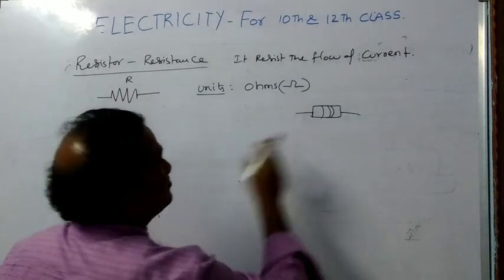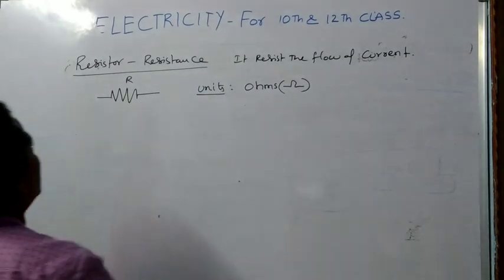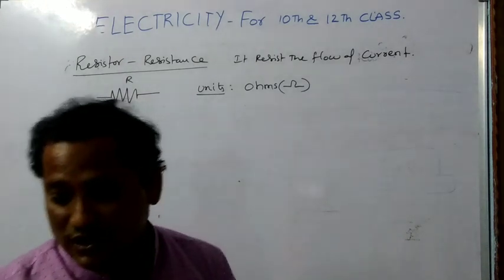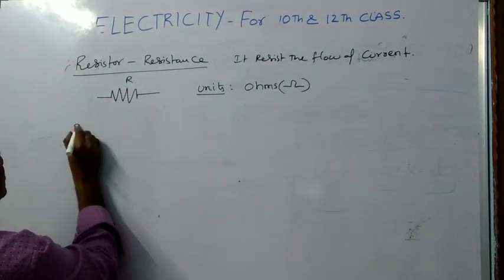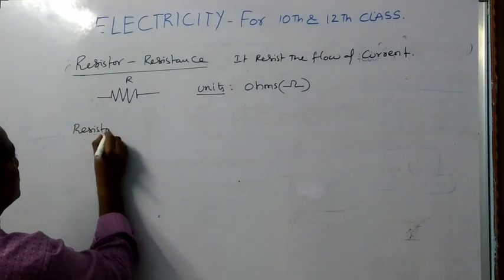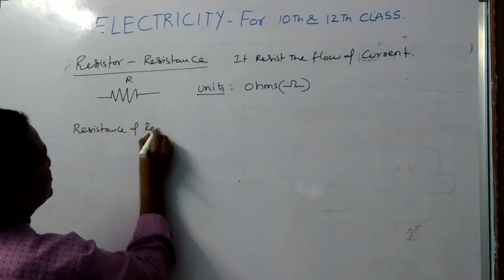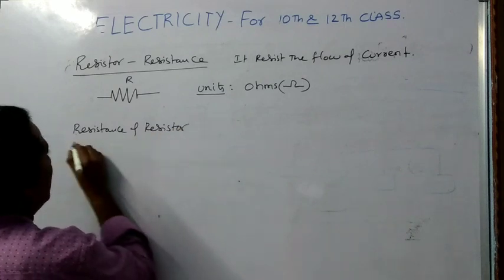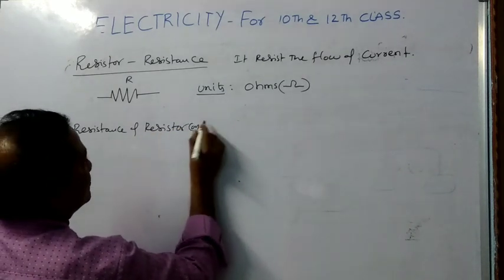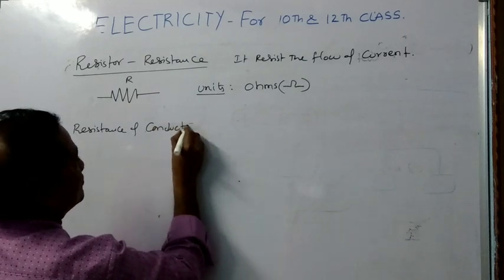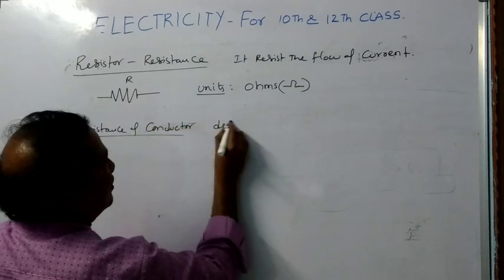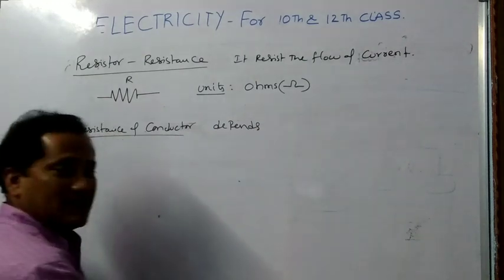Okay, now resistor. So we have to know what factors resistor depends on. So see here, resistance of a conductor, we better use this. What factors does it depend on?